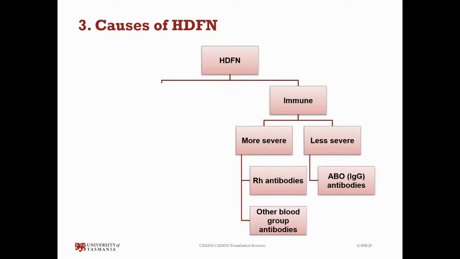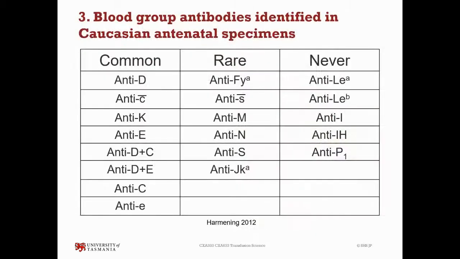And then, of course, we can get HDFN due to other clinically significant antibodies of IgG class. And so there are more than 50 different antibodies that have been implicated in HDFN, and their frequency varies depending on the ethnic group.